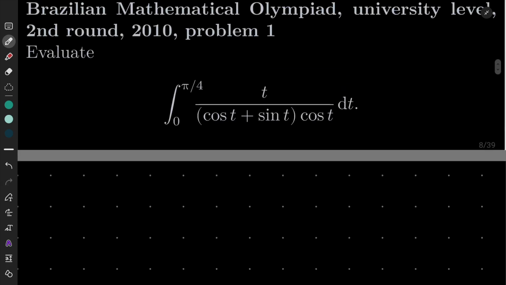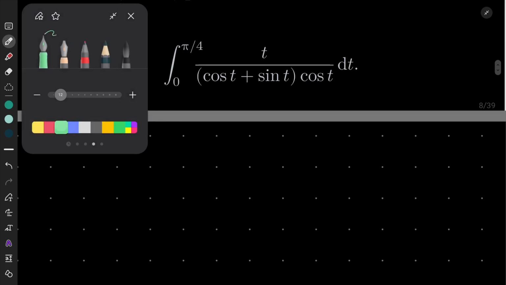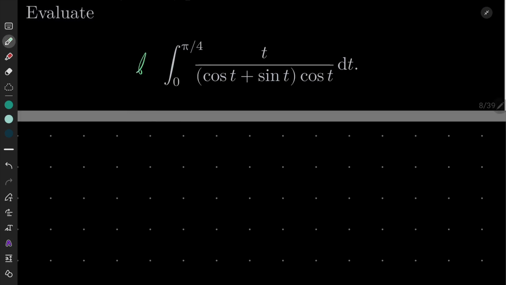Okay, so here is my solution. Let's call this integral I. I is the integral from 0 to pi over 4 of t, and let's multiply the denominator: we will have 2 times cosine squared of t plus cosine t sine t, dt.